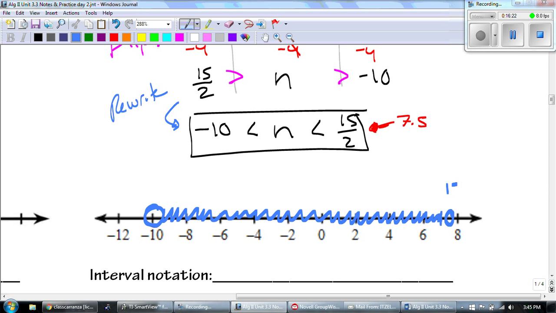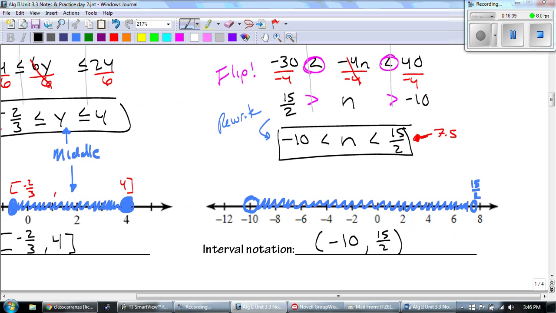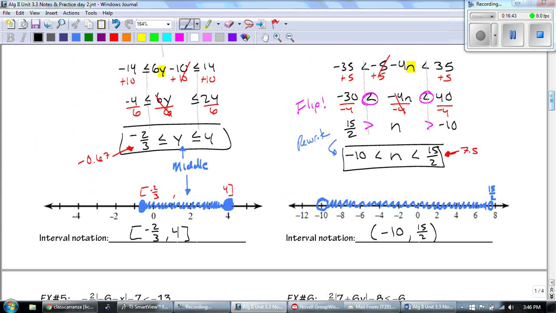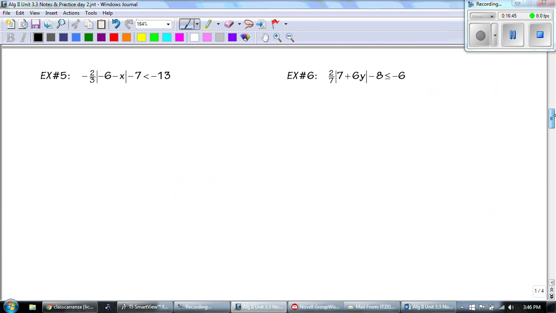Okay, and I'm just going to write that that's 15 over 2. Interval notation, we are open at negative 10, and we are open at 15 over 2. Okay? All right, on to the back.